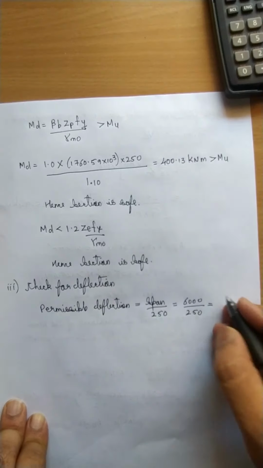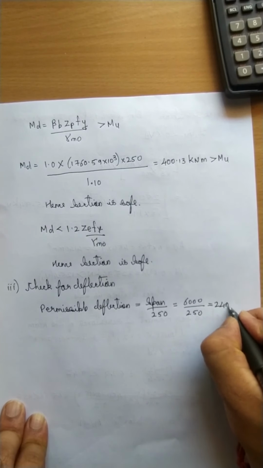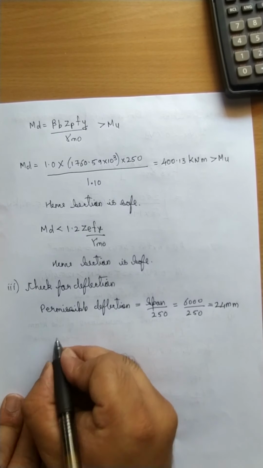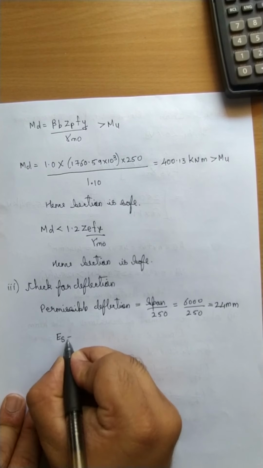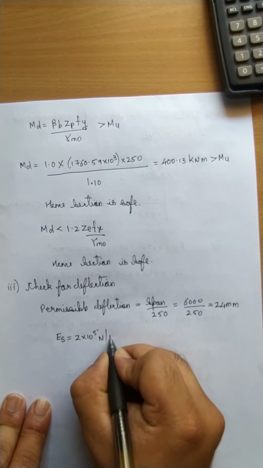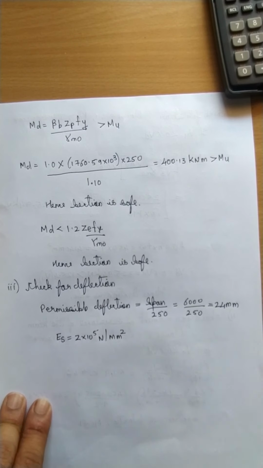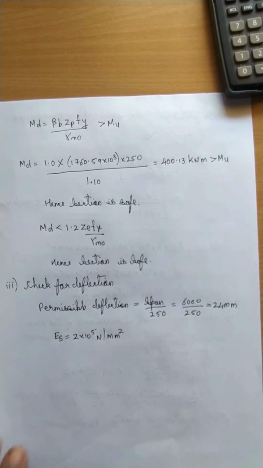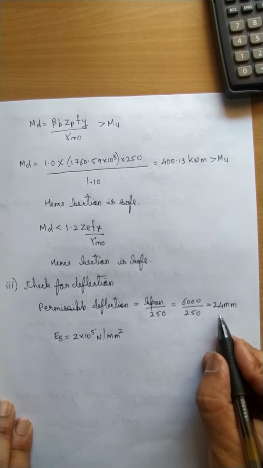This is working out to be 24 mm. We already know that ES is nothing but 2 into 10 raised to 5 Newton per mm square. So let us check the deflection. This is the permissible deflection.